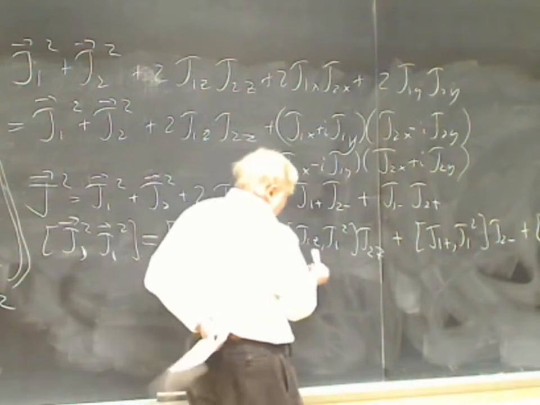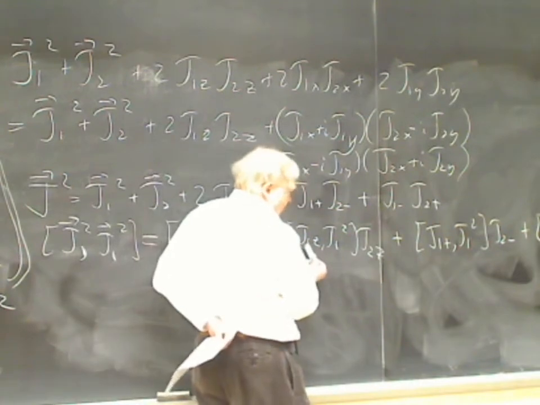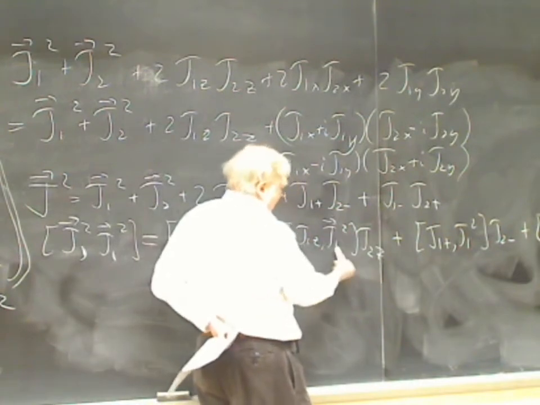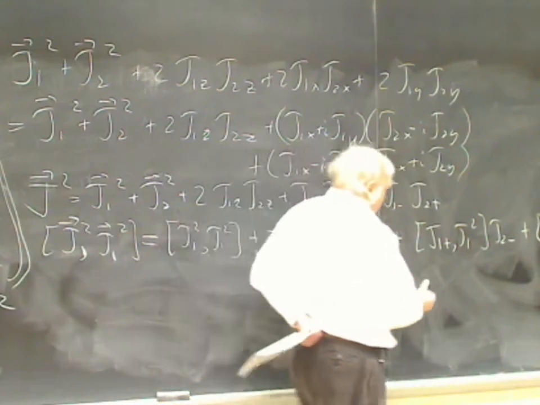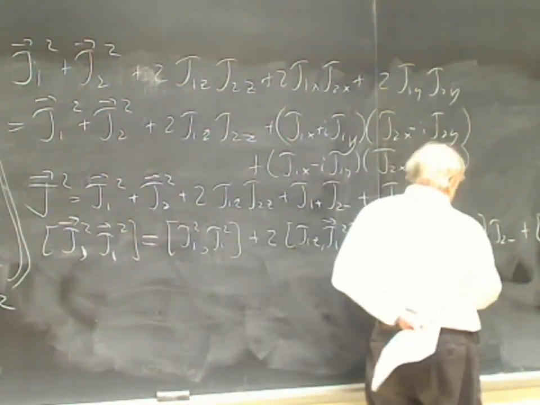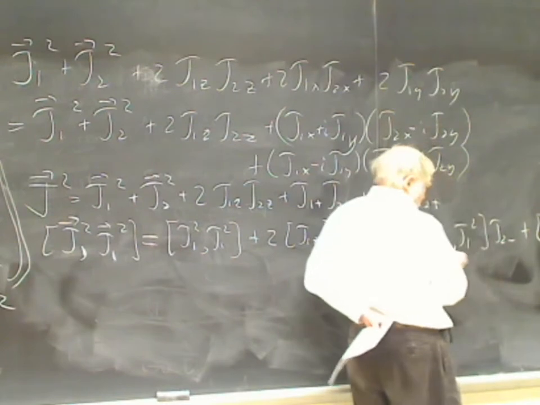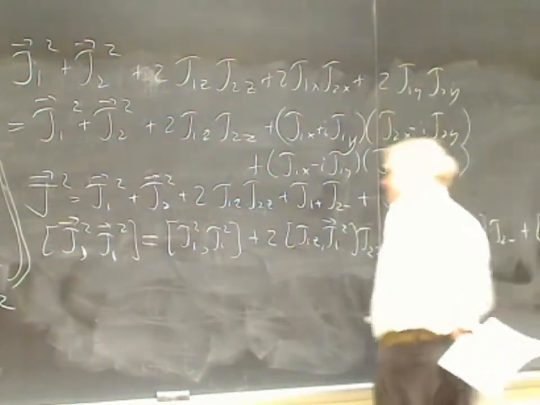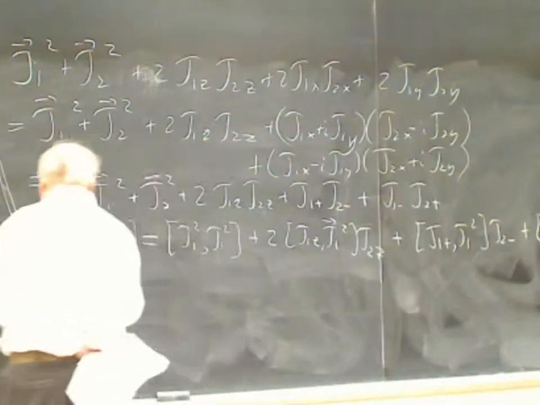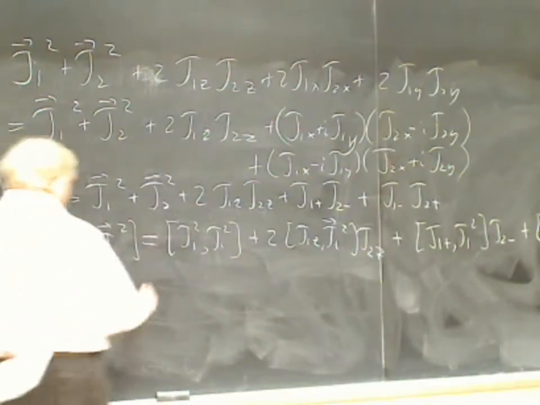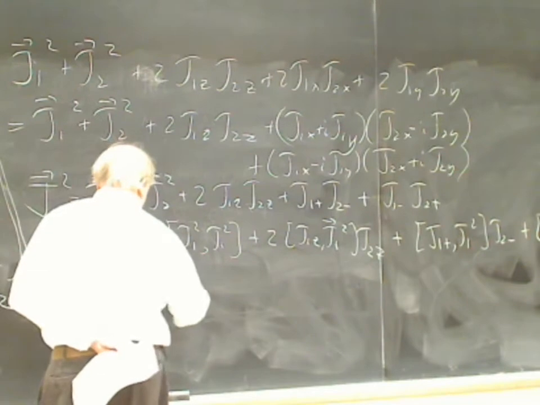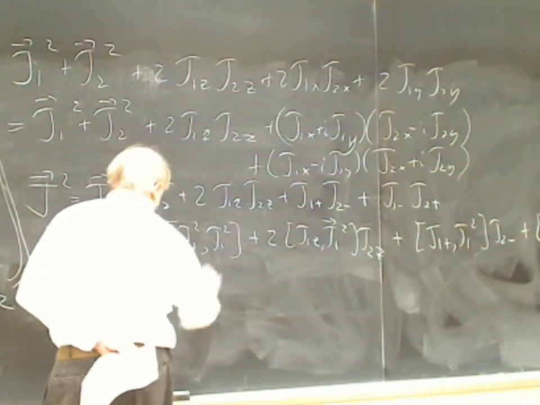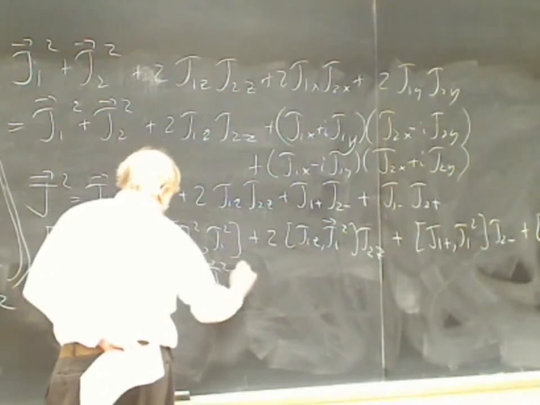This is 0 because J1Z generates rotations about the z-axis and J1 squared is a scalar. This is 0 because both JX and JY commute with J1 squared, and the same thing over here. So this thing is equal to 0.